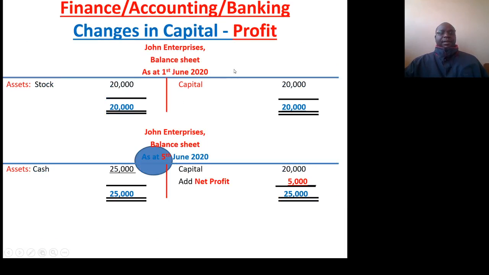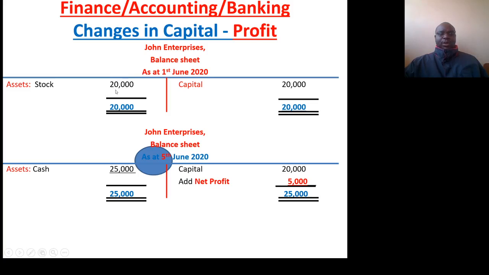So, on 1st of June, this is what was in the business. Stock worth 20,000. So, the capital of the business was 20,000. So, on 5th, John Enterprises received cash worth 25,000 out of selling this stock.